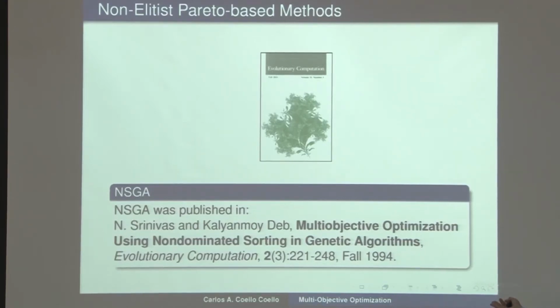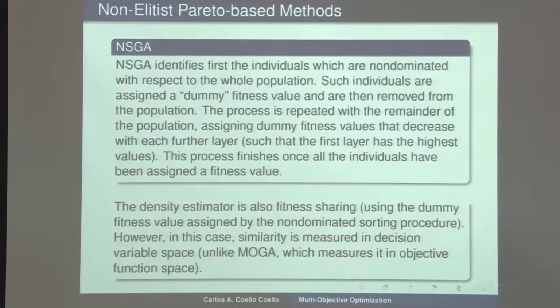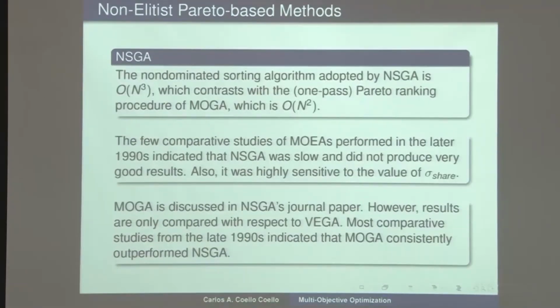But that's okay because he managed to get the paper accepted, right? And NSGA was published in a conference, and then there was another paper in the Transactions on Evolutionary Computation. So this is of order n to the third because the non-dominated sorting is less efficient. However, something interesting is that it is easier to parallelize this algorithm than Fonseca's algorithm.